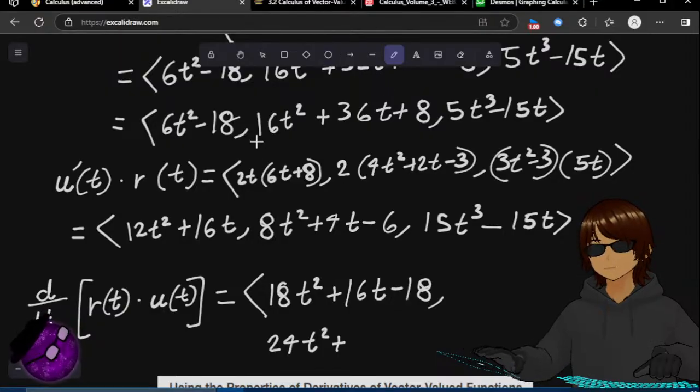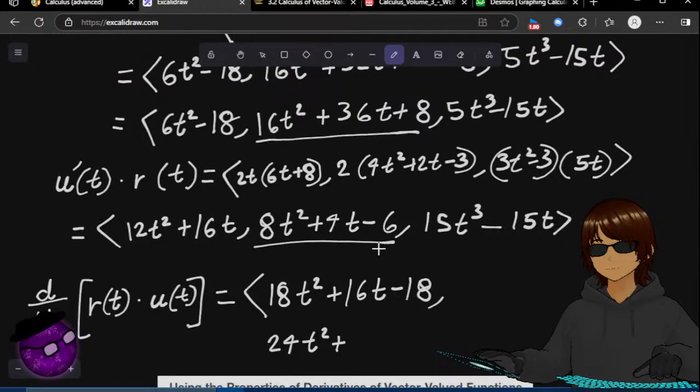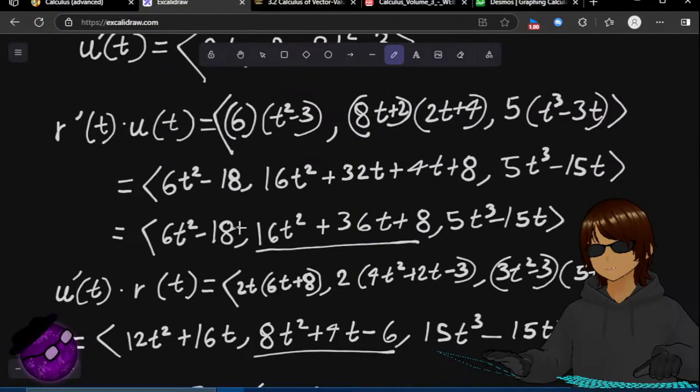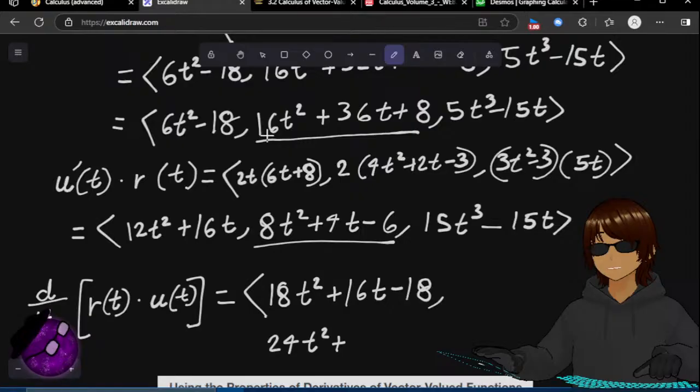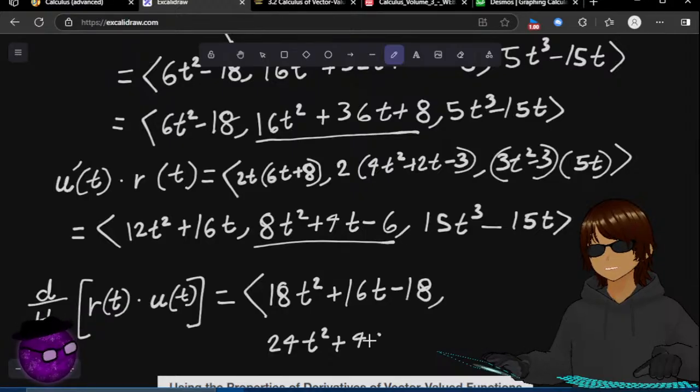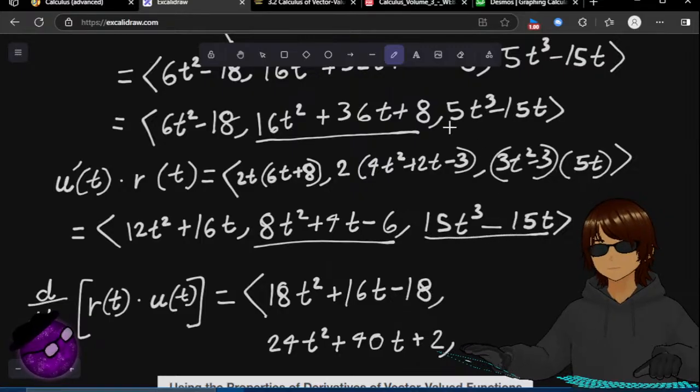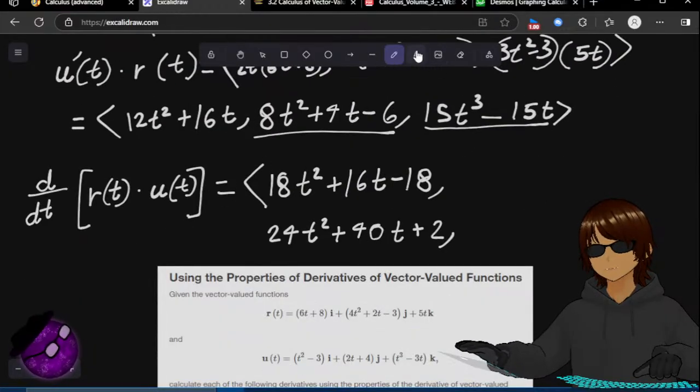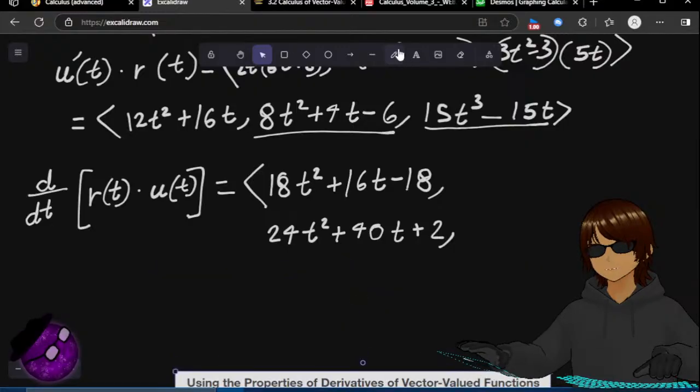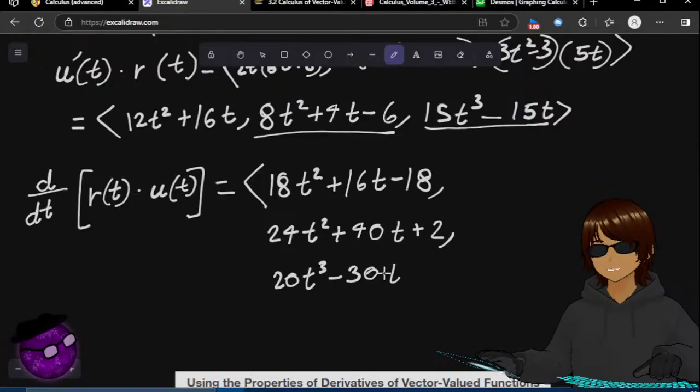I'll just underline it. This is, yeah. So 16, 8, 36 and 4, 40t plus 2, and then these two, 15 and 5, so 20, and then 15, 15, 30. Minus 30t.